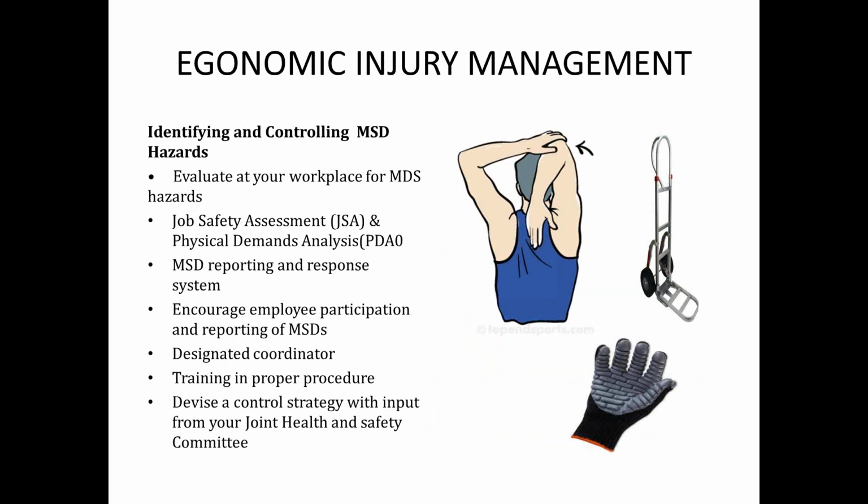That's not the proper response. The response is, let's take 10 or 15 minutes and see if you can rest up a bit. We can ice it down with a cold pack. We can try a different job for a little while and see how that works. It's developing a response to the incident that prevents the incident from worsening.